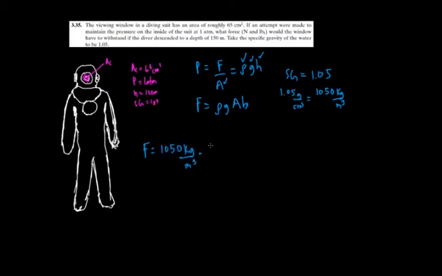times gravity, which is 9.8 meters per second squared, times the cross-sectional area, 65 centimeters squared, times the depth or the height, which is 150 meters right here.